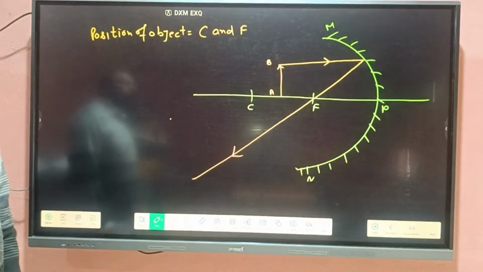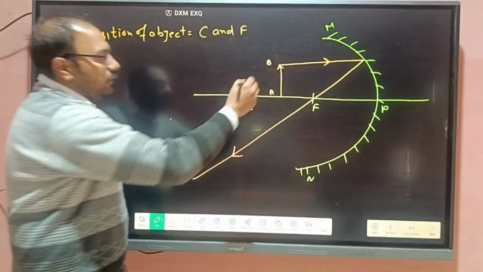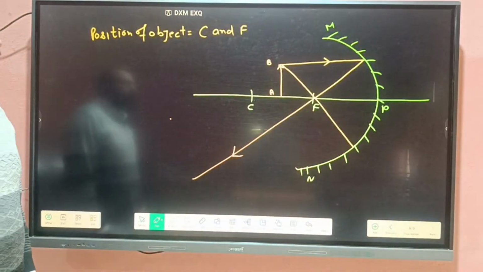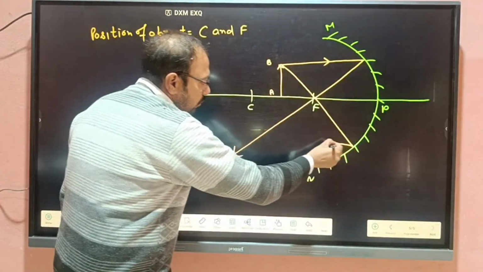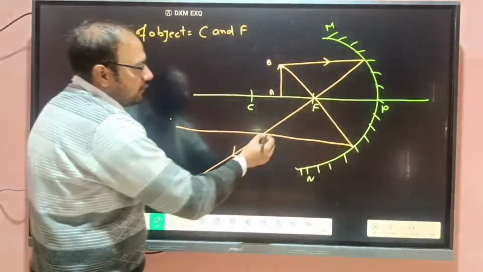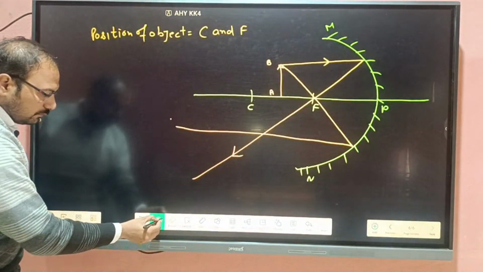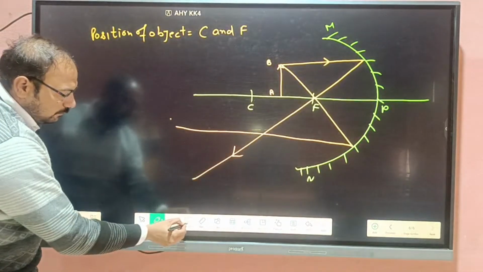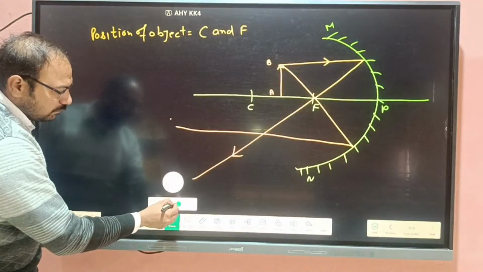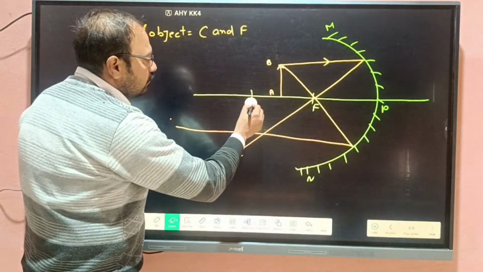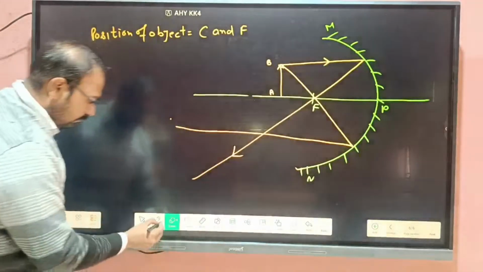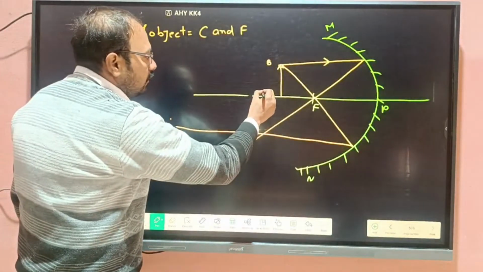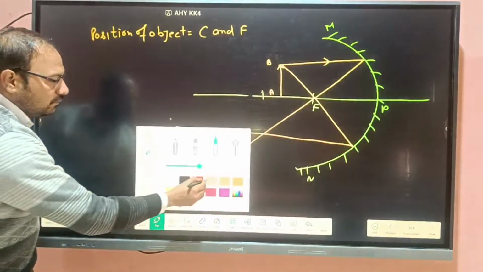The second ray passes through the focus, and after passing through the focus, it goes parallel, like this. If we draw this using a scale, then we can draw it correctly. Here the image forms. Where does the image form?